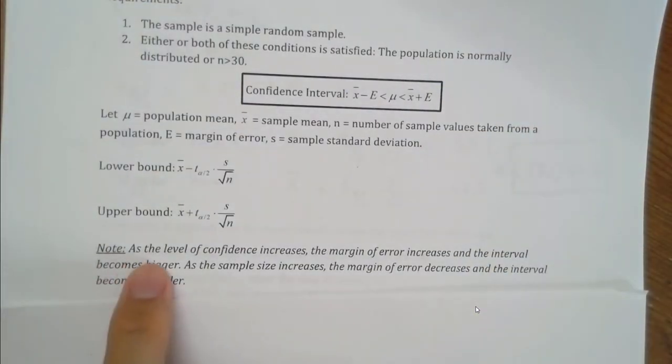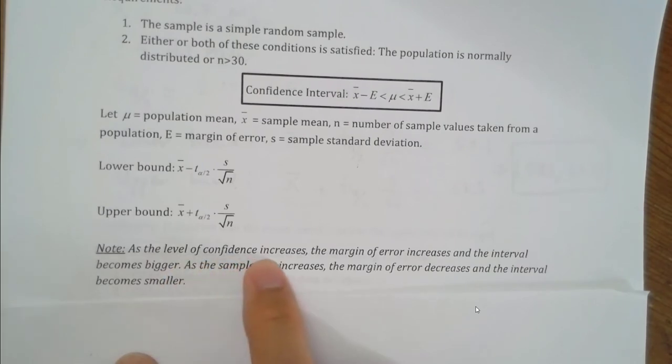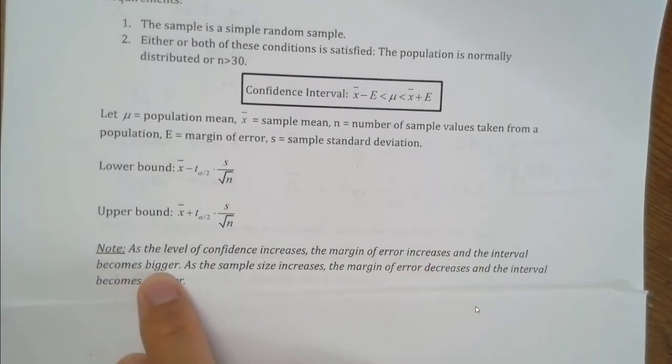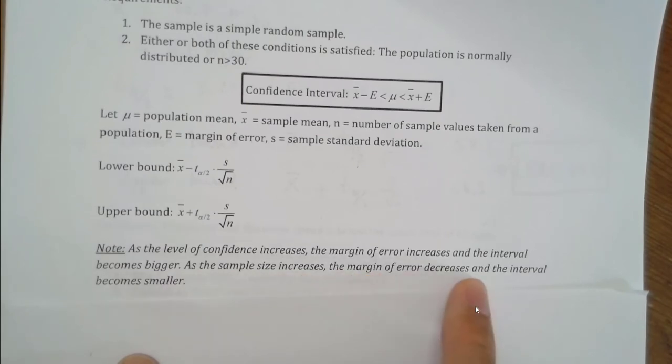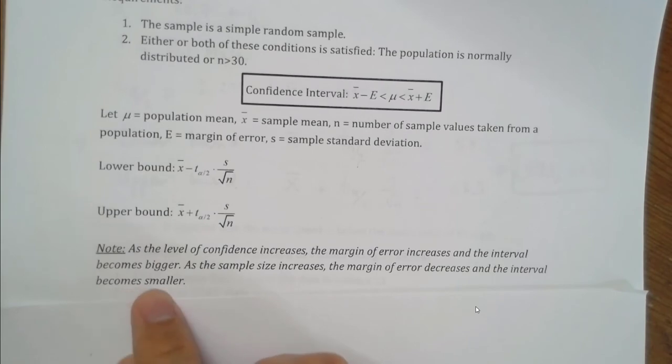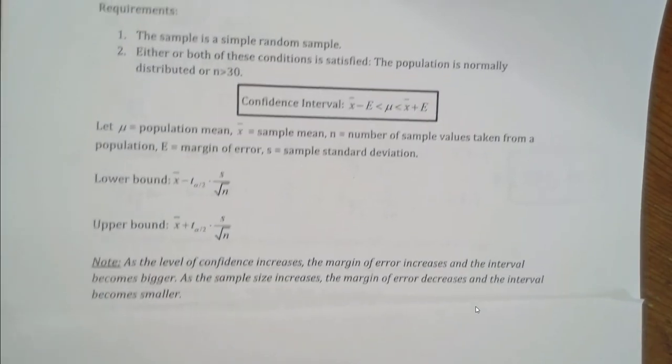And there's a note here: as the level of the confidence increases, the margin of error increases and the interval becomes bigger. As the sample size increases, the margin of error decreases and the interval becomes smaller. So please keep that in mind.